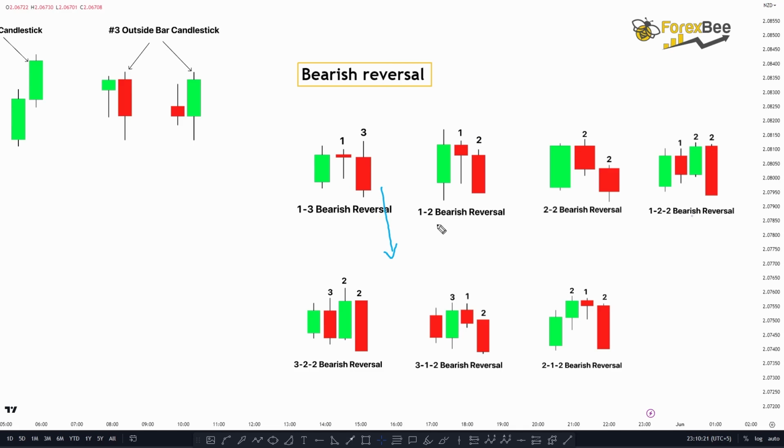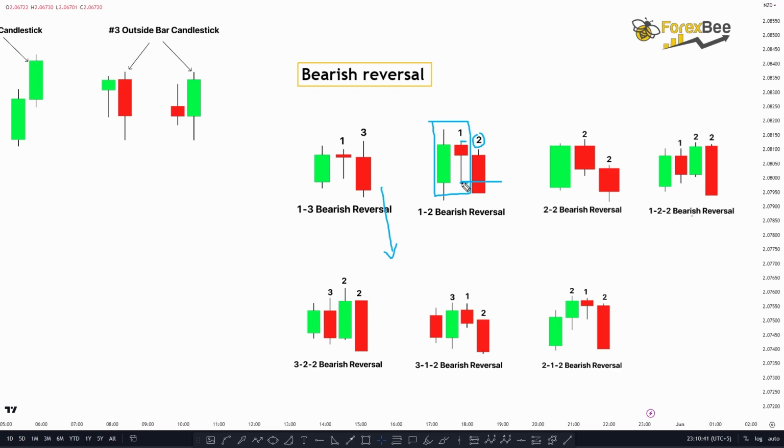Similarly, here we can see that this is a 1-2 bearish reversal. The first part is this one, in which this is the formation of the inside bar, and then the low of this inside bar is being broken by this next candle, that is 2.